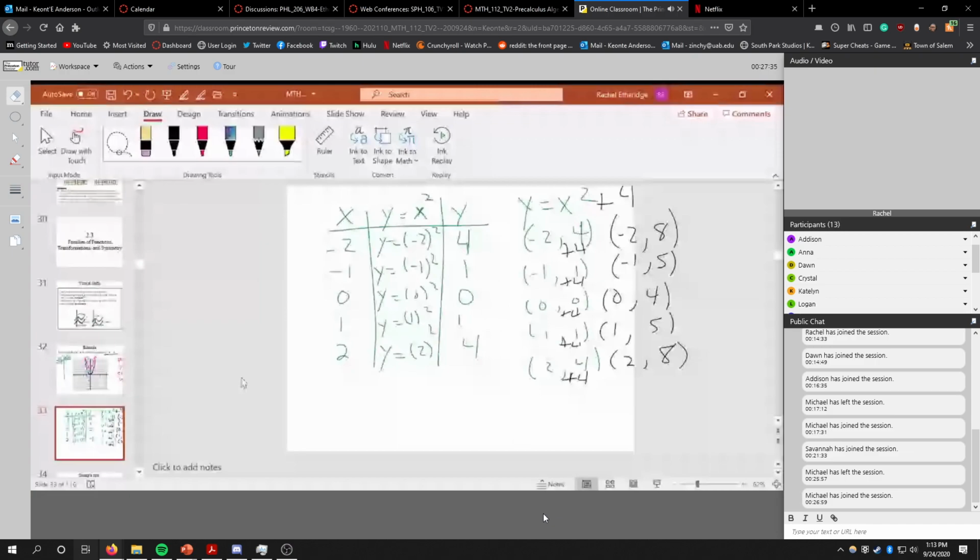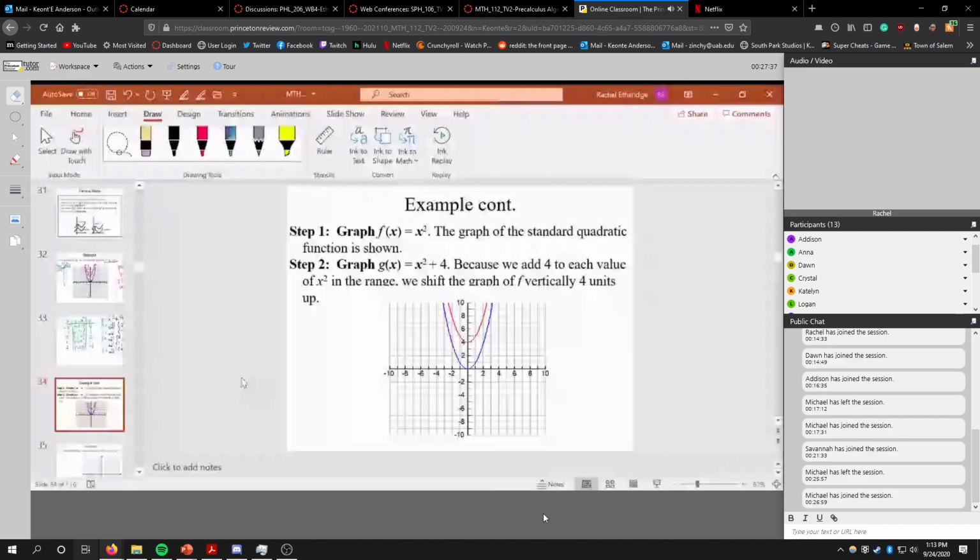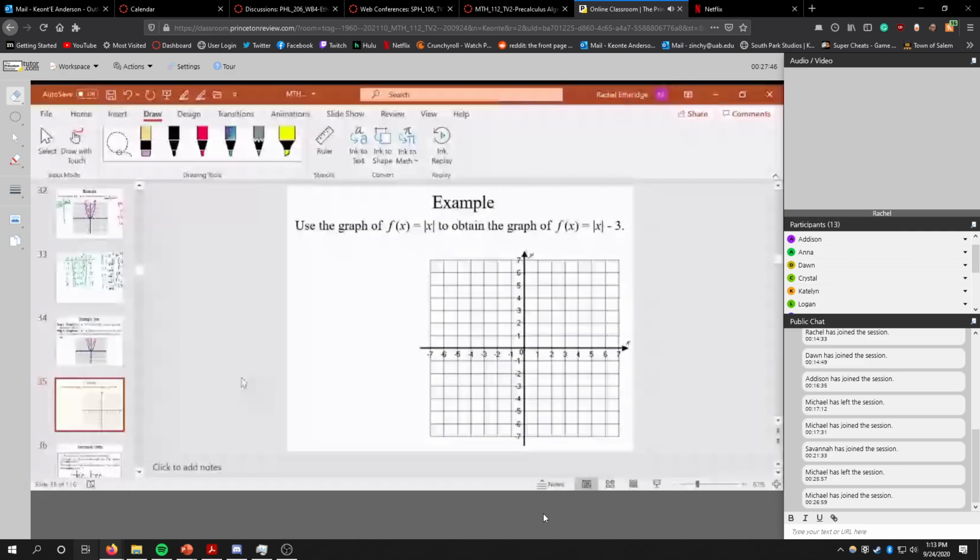So there's the graph. I just showed you how to do the ordered pairs. Now this one is an absolute value. An absolute value, the charts are always the same on it as well.